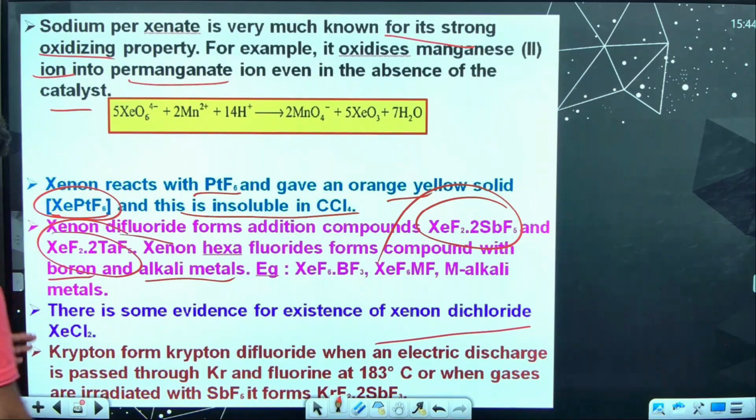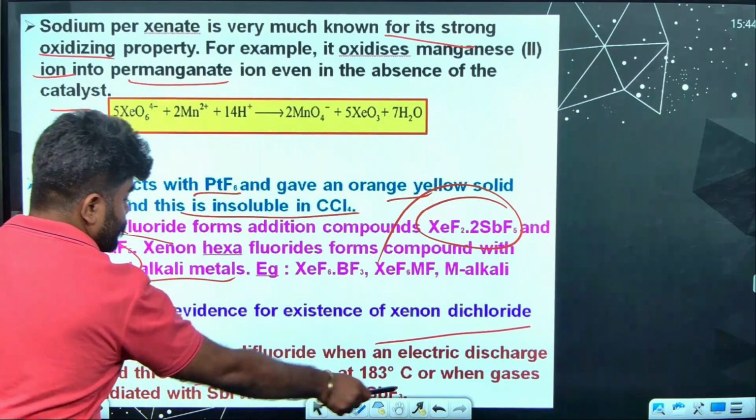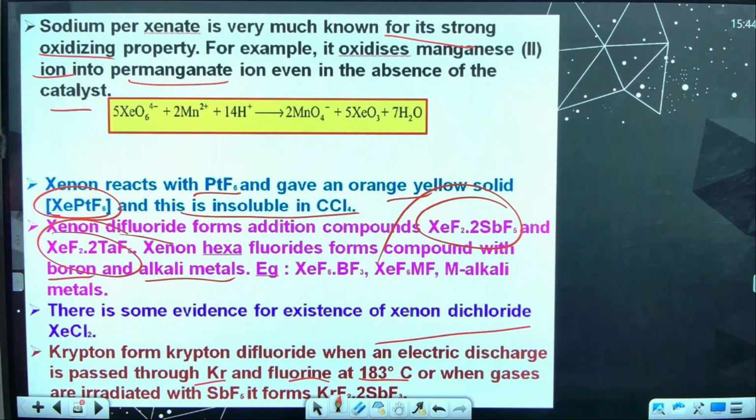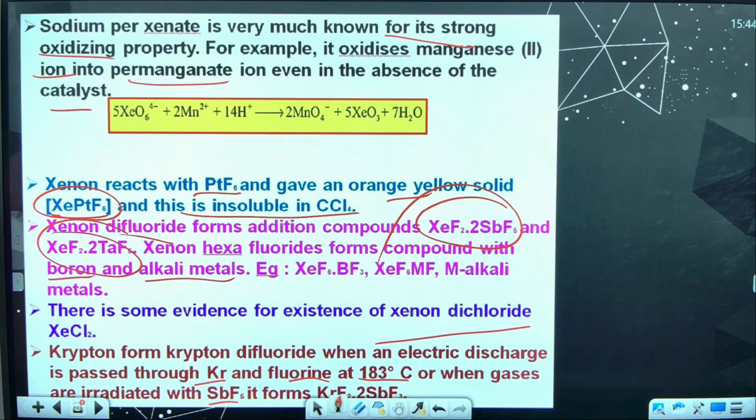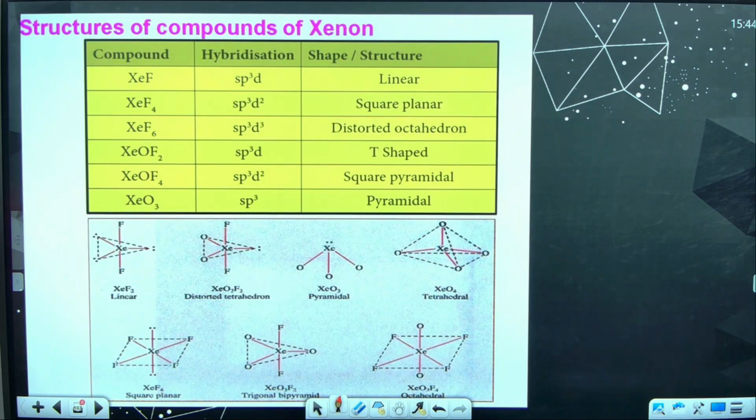And krypton also forms difluoride upon electric discharge through krypton and fluorine at minus 183 degrees Celsius, or when these gases are irradiated with SbF5, antimony pentafluoride, it forms the krypton difluoride SbF5 addition compound.